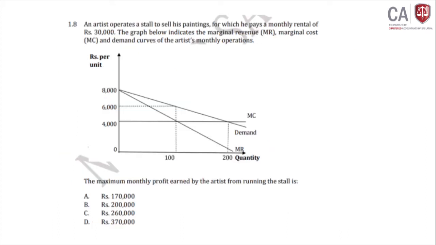So let's go to 1.8. It's about the pricing decision, profit maximization, right? You are given a graph. It has a couple of lines, demand line, marginal cost, marginal revenue, and the question is maximum monthly profit.